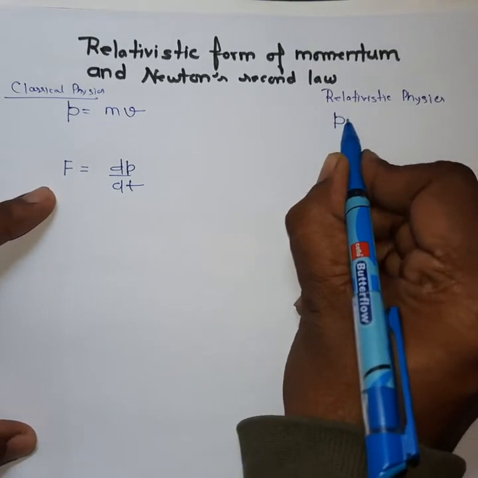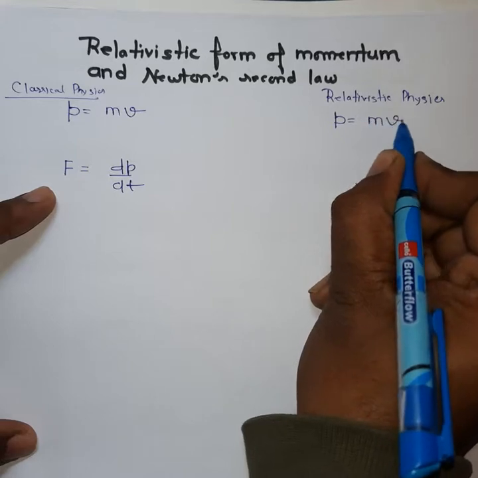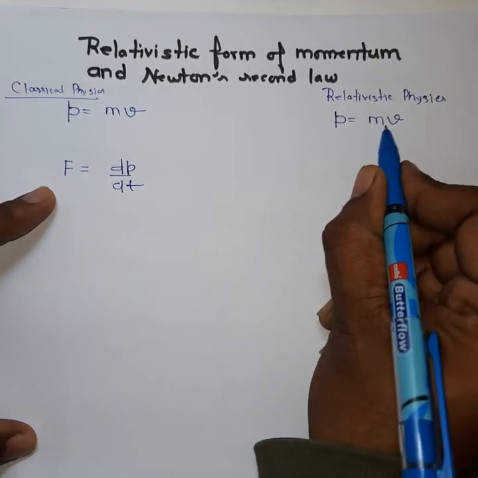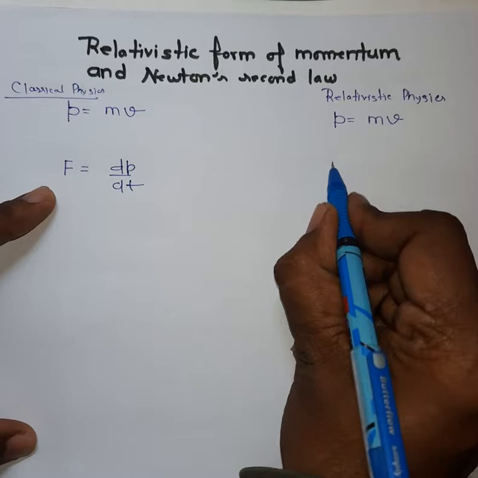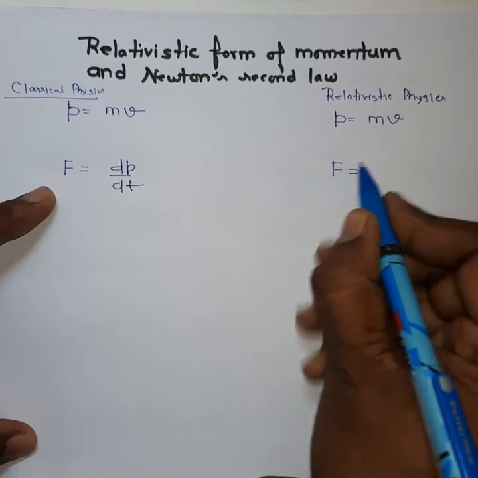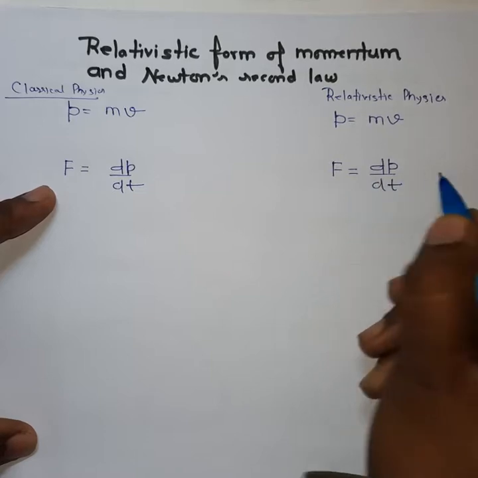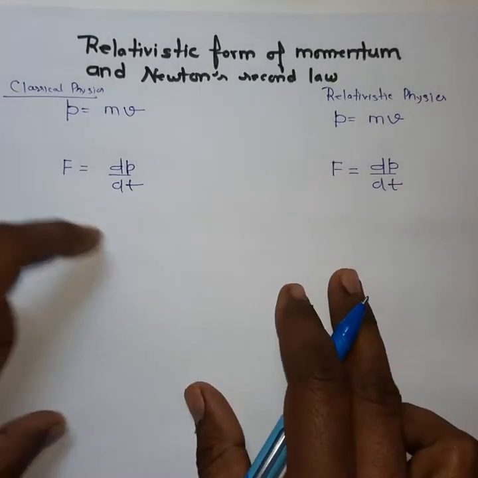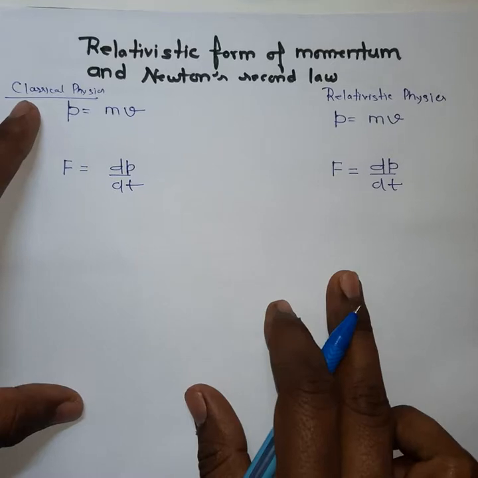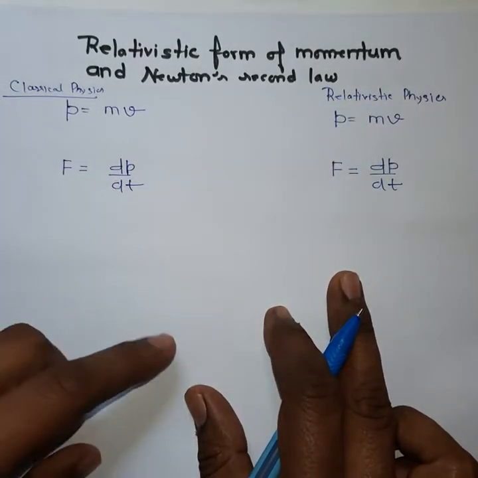momentum is again defined as p = mv, that is the product of mass with velocity, and force, that is Newton's second law, is defined as F = dp/dt. But there are some differences between the classical physics expression and the relativistic physics expression.